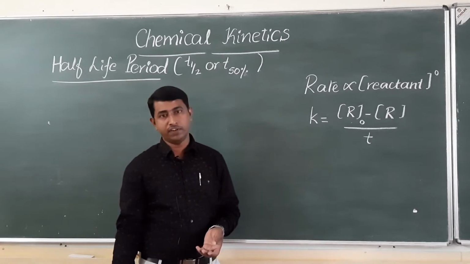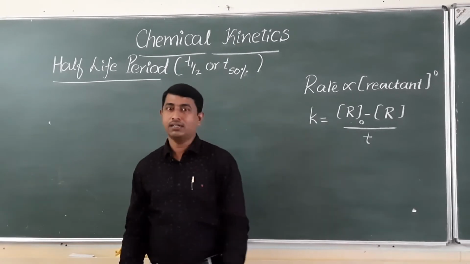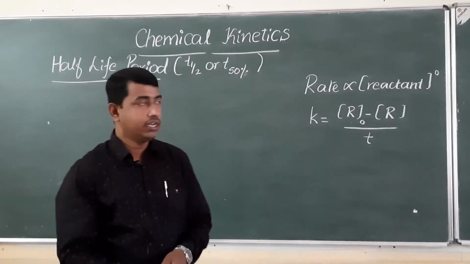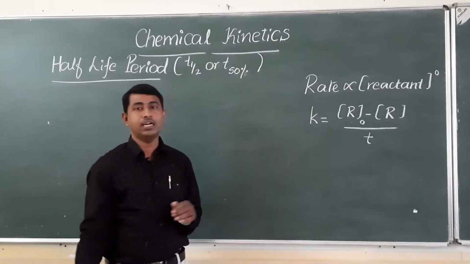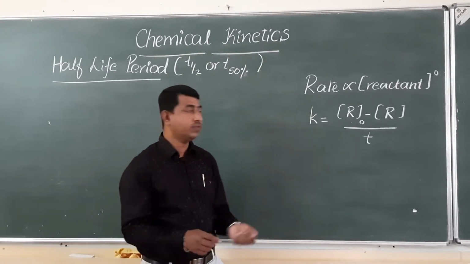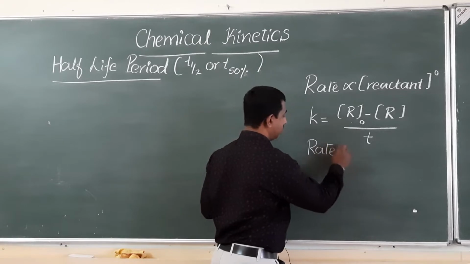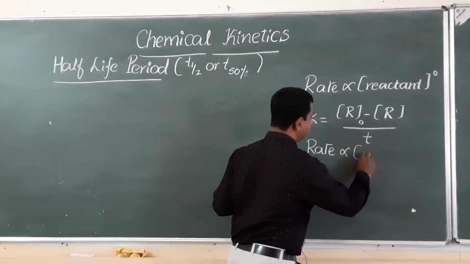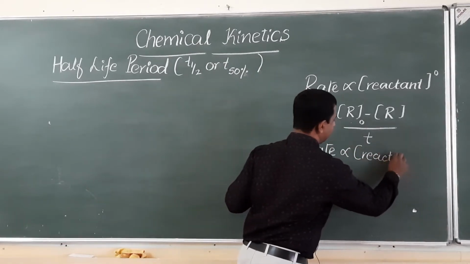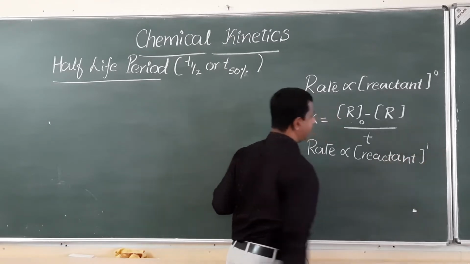Next we went to the first order reaction. Definition of a first order reaction: it is a chemical reaction in which the reaction rate is directly proportional to the concentration of the reactant raised to power 1, that is, rate is directly proportional to the concentration of the reactant to the power 1.